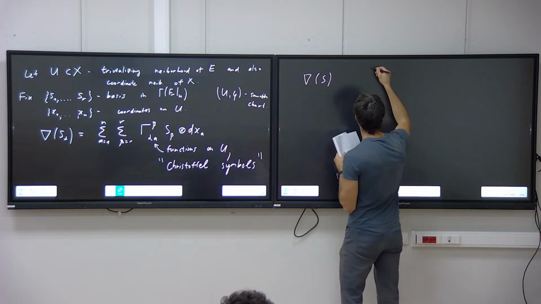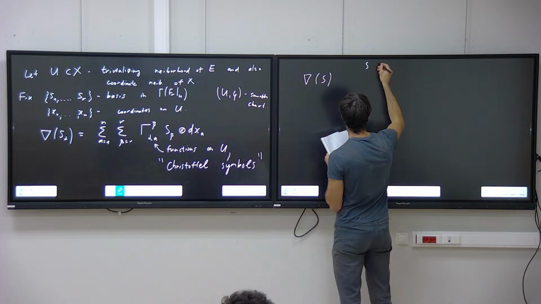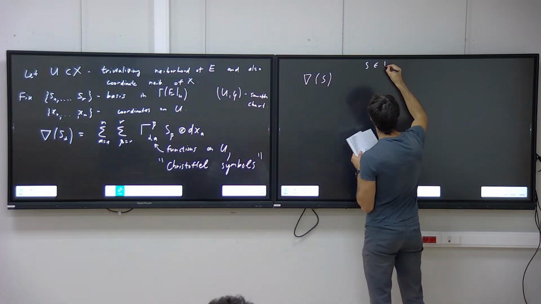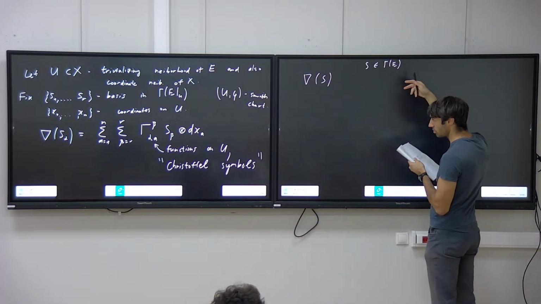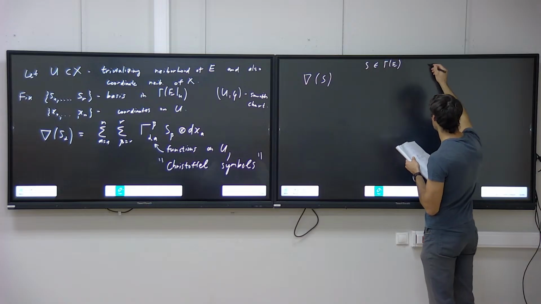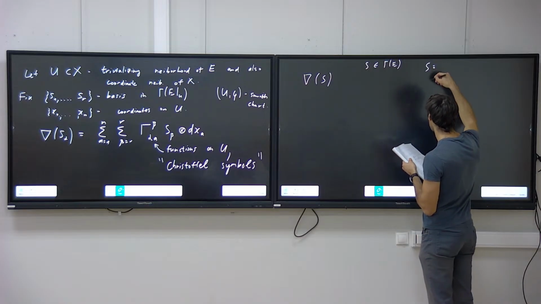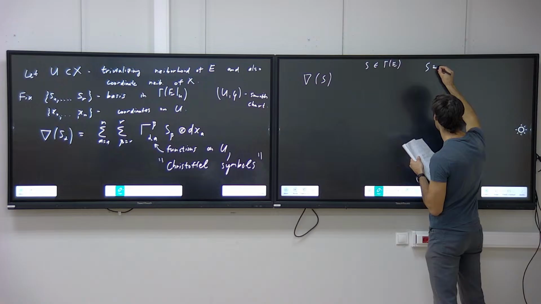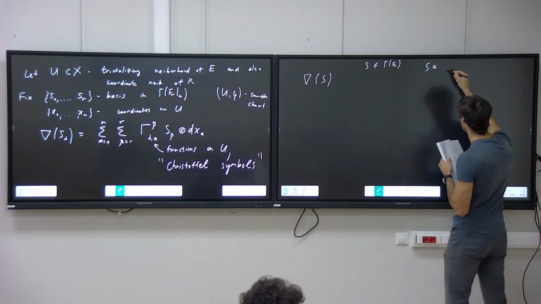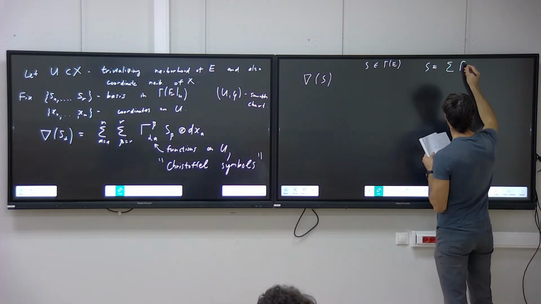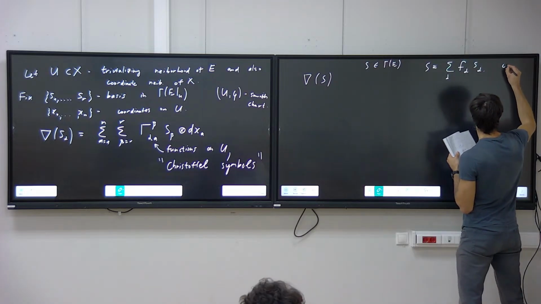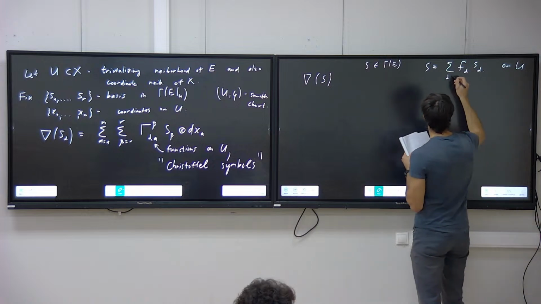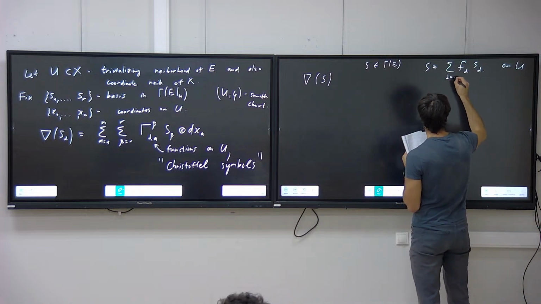So if S is a section, I can restrict it to U and get a section of Gamma of E of U, and I can decompose it. Let me not write the restriction because I will carry a lot of unnecessary notation then. So sum of f alpha S alpha on U, where alpha is from 1 to r.